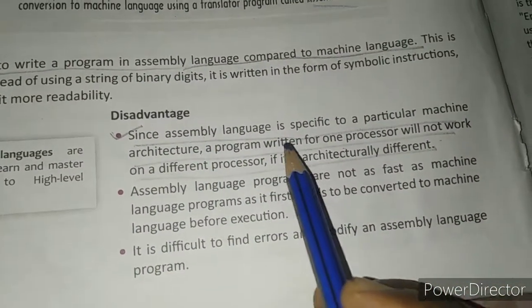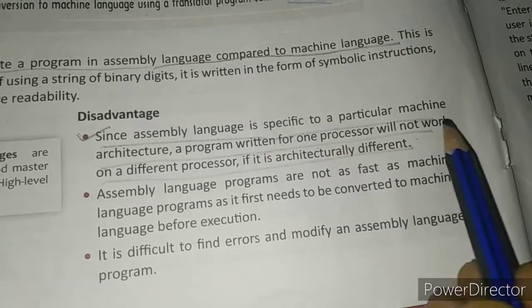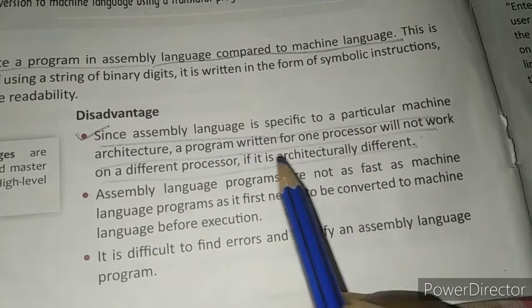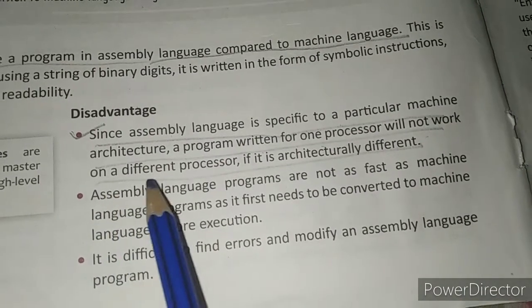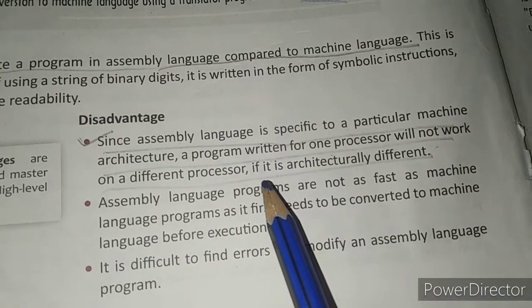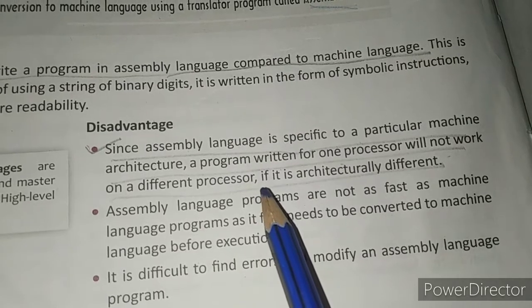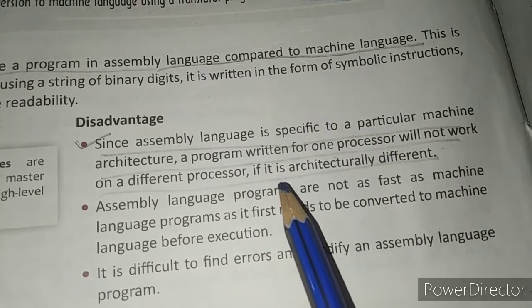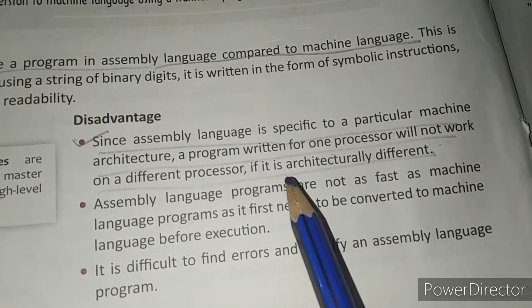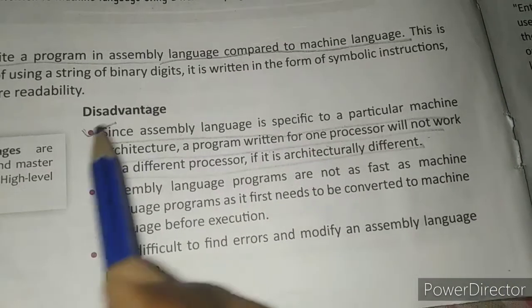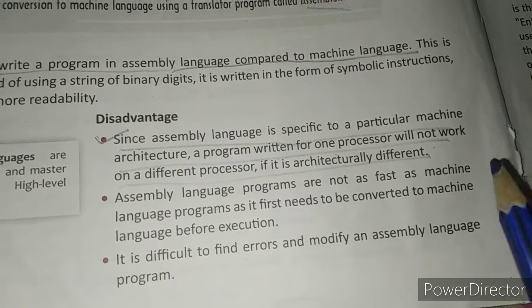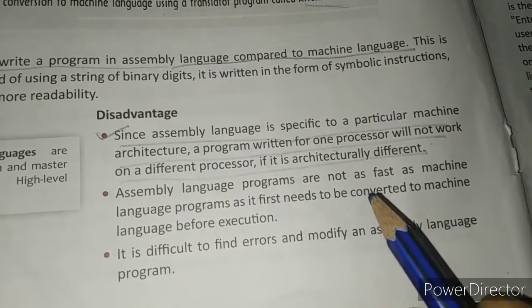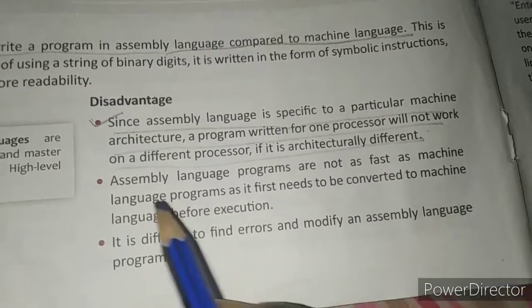It means in assembly language programs can be written easily, but what are the disadvantages here? Since assembly language is specific to a particular machine architecture, a program written on one processor will not work on a different processor if it is architecturally different. It means for a different machine we will have to write a different program, because a program written for one machine cannot run on another machine.